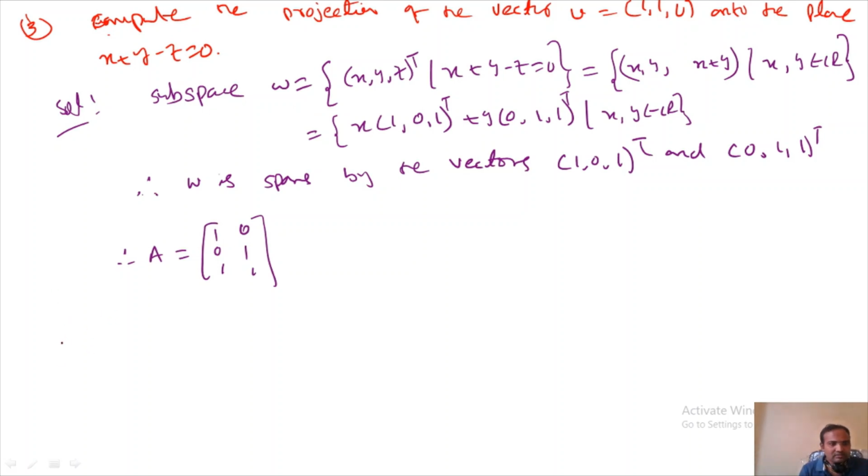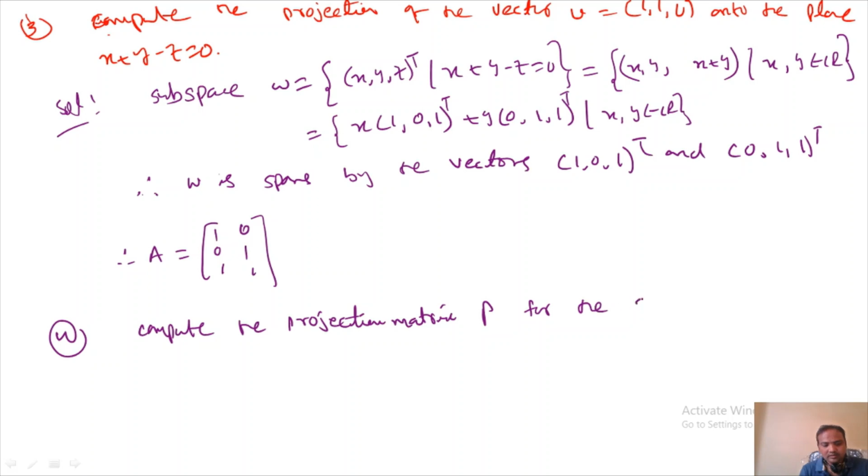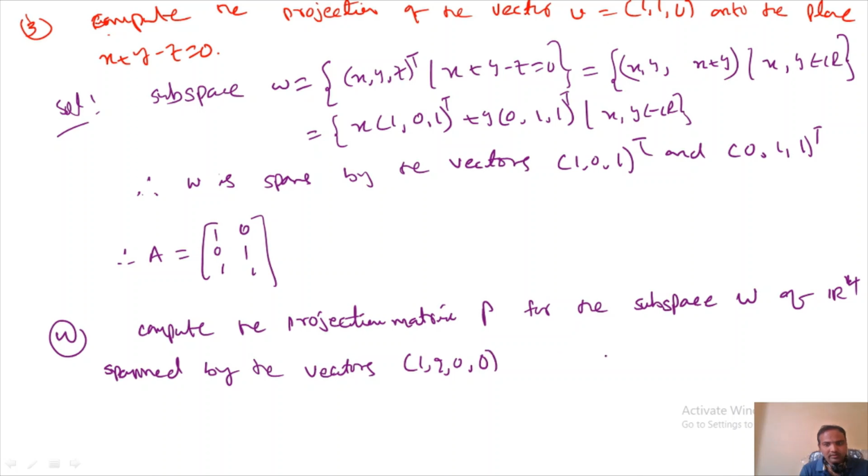See, now try another example, the third, fourth one. Compute the projection matrix P for the subspace W of R4 spanned by the vectors (1, 2, 0, 0) and (1, 0, 1, 1).